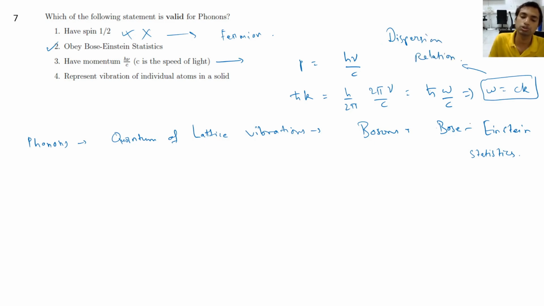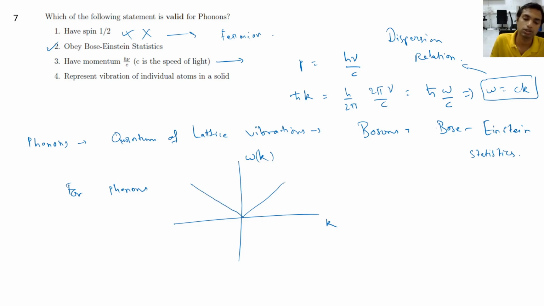But for phonons, the dispersion relation looks like this: k and omega k, and if it is a single lattice, then it is something like this, and it bends over here. And in some cases there would be this optical band.